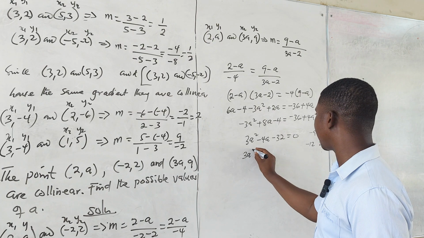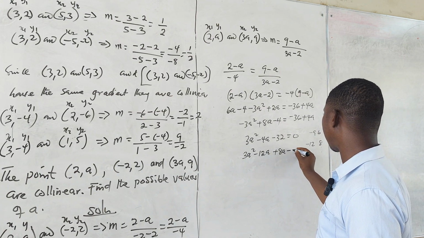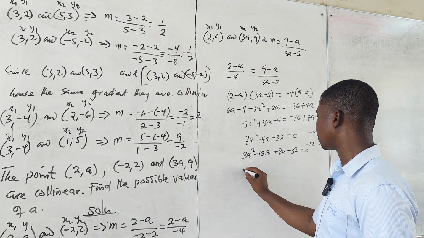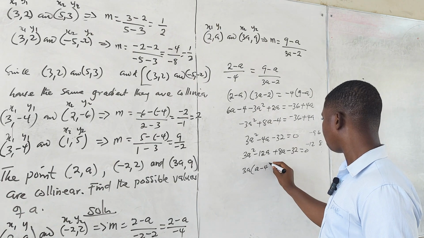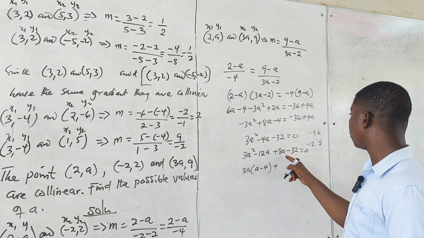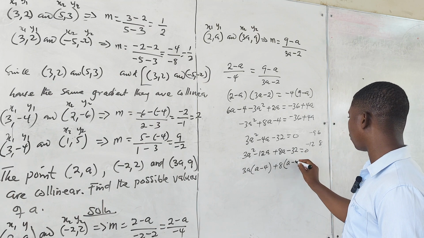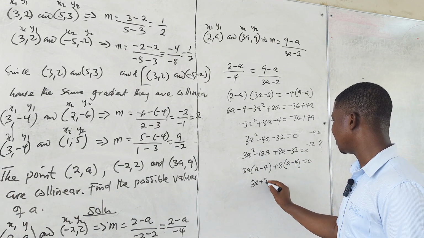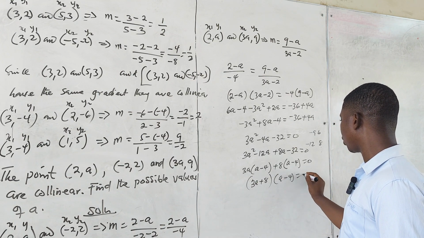So 3a squared minus 12a plus 8a minus 32 equal to 0. So you factor 3a out, then you are going to get a minus 4, plus the common factor here, which will be 8, 8 out, 8 goes here, a minus 4 equal to 0. So (3a plus 8)(a minus 4) is equal to 0.